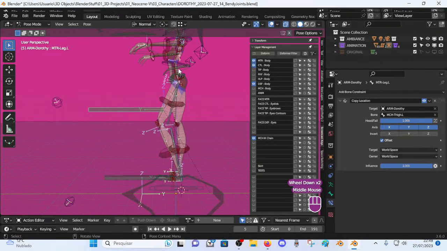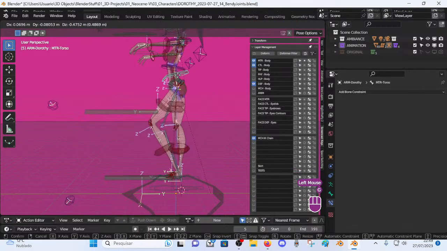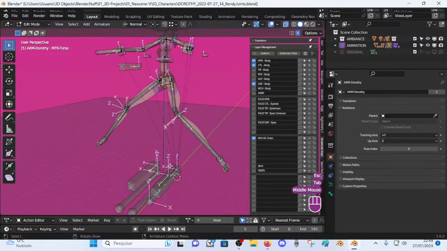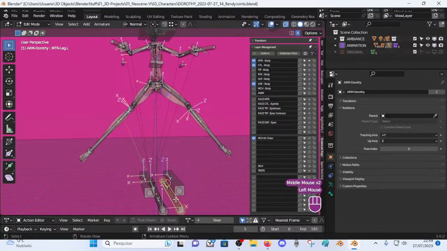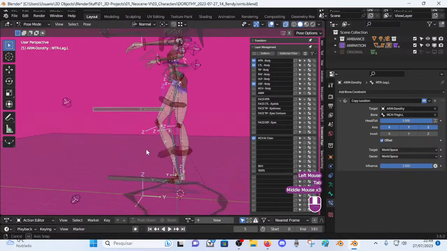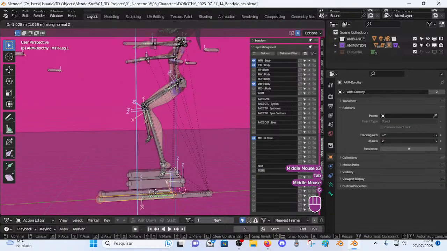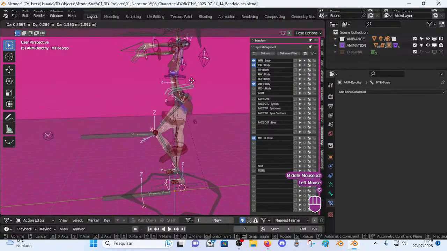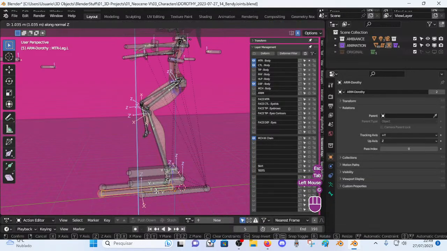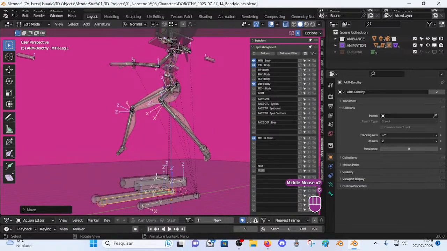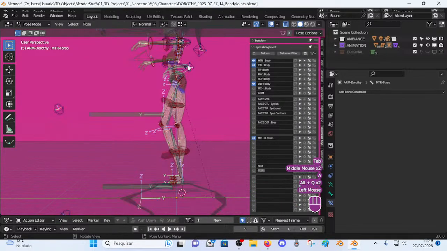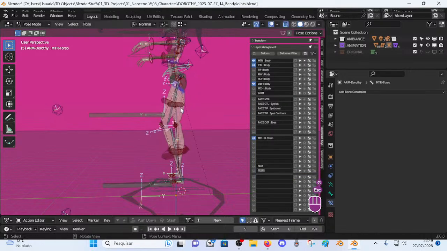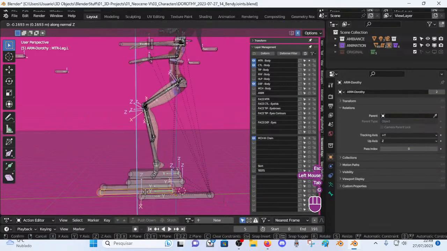Well, doesn't matter. Let's see what happens now. No, not enough. I would need to do something else maybe. That is too much. Yeah, offset is too complicated.